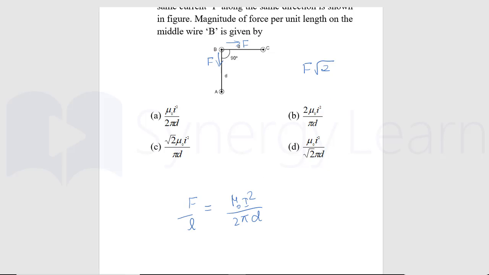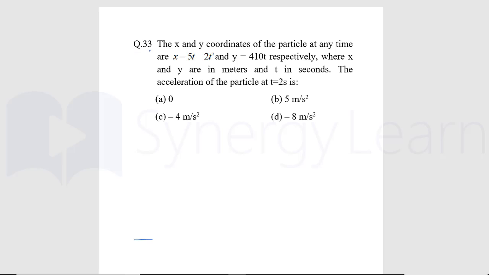Multiply it with root 2, or the net force will be mu naught I square by 2 pi d and root 2. So what we have here is mu naught I square by root 2 pi d. Fourth option is correct.